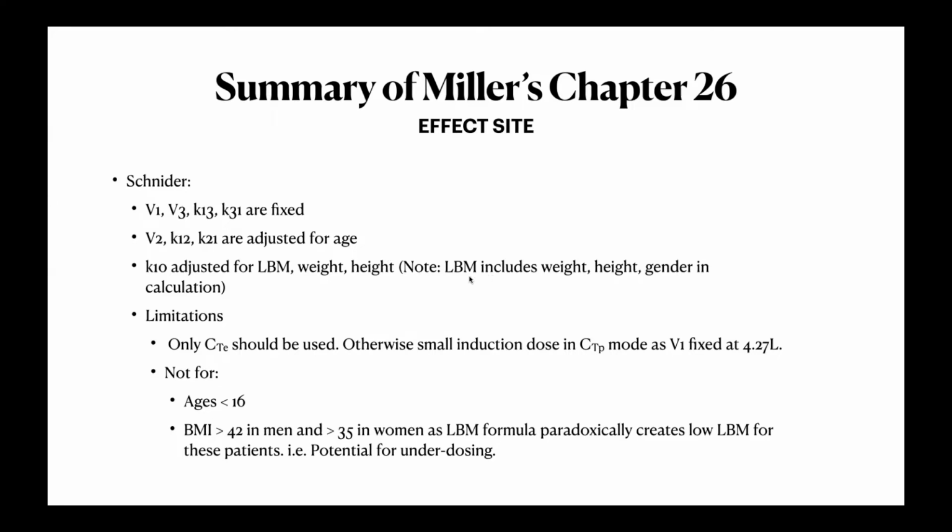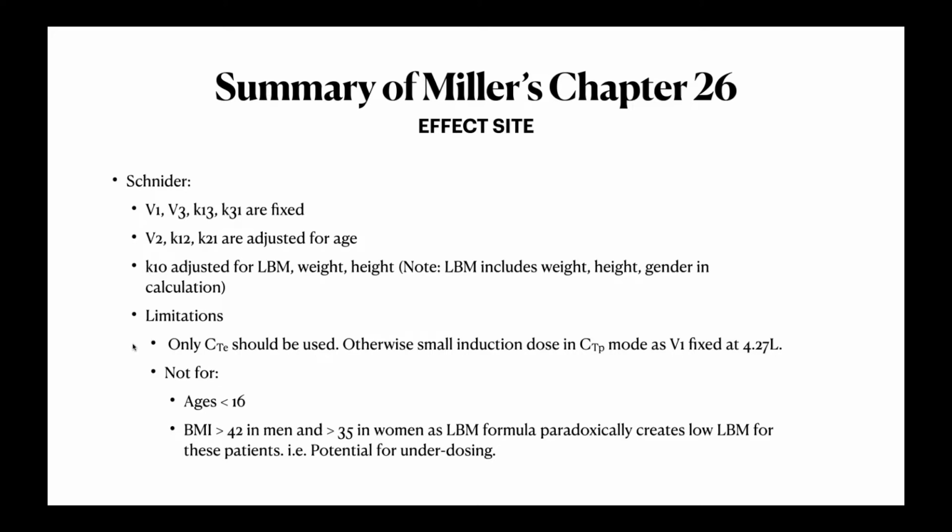And note that lean body mass already includes the parameters of weight, height, and also includes gender in the calculation. So if you remember that the lean body mass is affecting K10, you can naturally add that the weight and height also are going to be used to calculate K10.